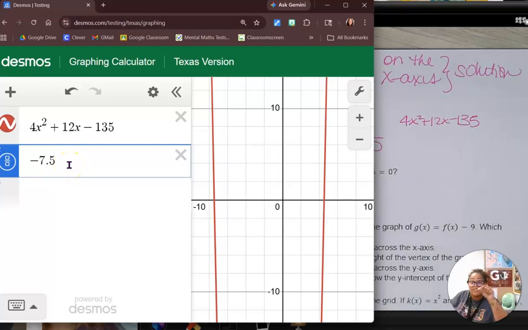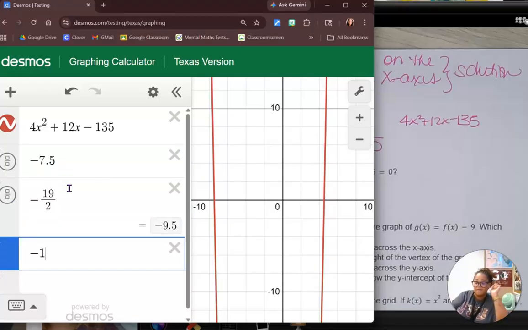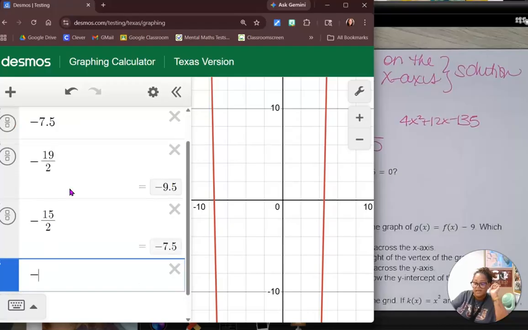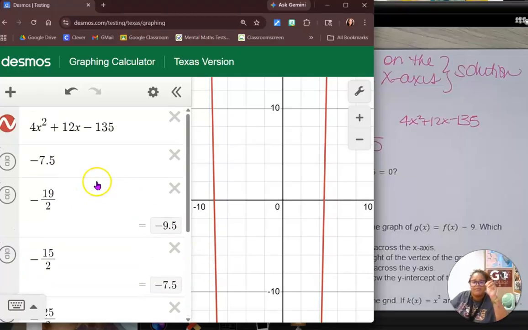Negative 7.5. If it is a fraction, then you need to convert the fractions that are given to you. So it might say like negative 19 halves, negative 15 halves, negative 25 halves, and negative 9 halves. I've got to find the one that matches this negative 7.5.